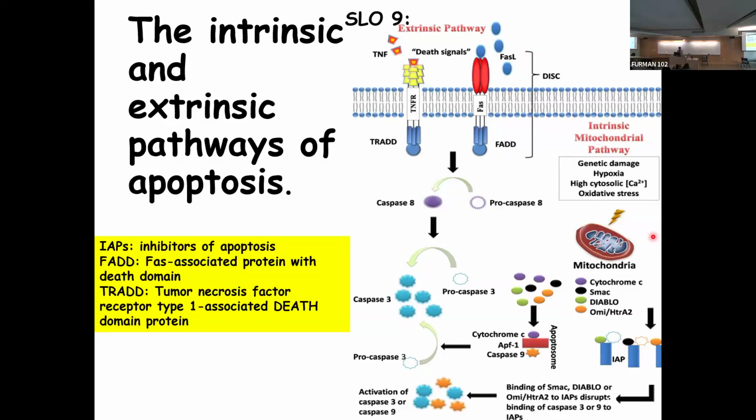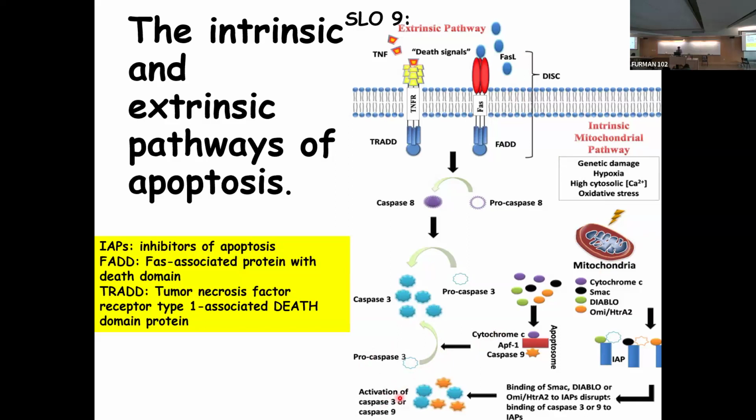The intrinsic pathway is primarily mediated through the mitochondria. That means mitochondrial dysfunction can, and often does, ultimately lead to activation of signaling. All of those signaling pathways ultimately lead to activation of caspases, mostly caspase 3, and in some cases caspase 9.